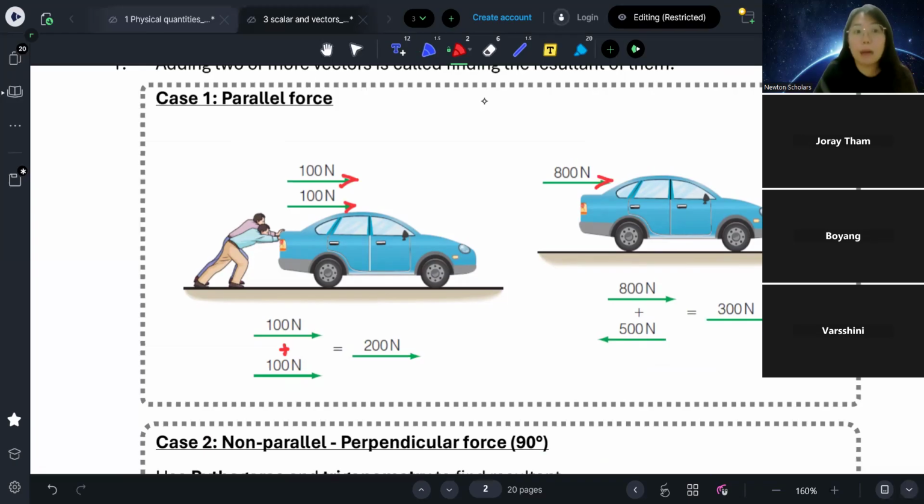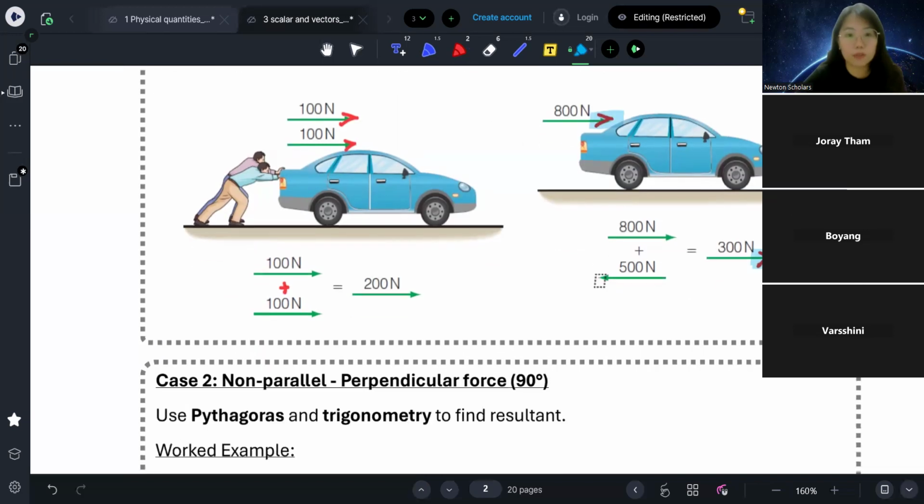We should use the bigger force minus the smaller force. So bigger force 800 minus 500, at the end we get 300. The direction of the 300 follows your bigger force, 800, so the final resultant force is in the direction of the bigger force. This one is easy, Year 10 and Form 5 we learned.